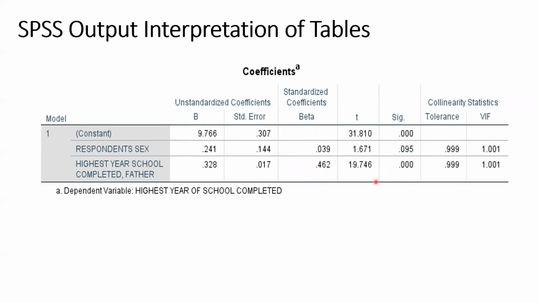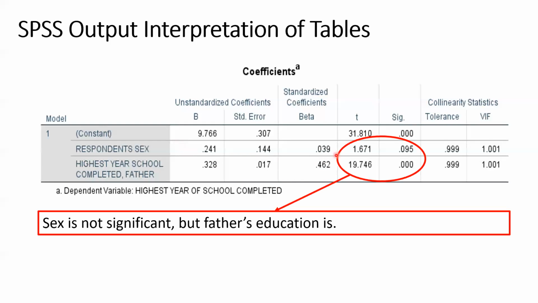But we also get that sense here. Sex is not significant, but father's education is. This is 0.09, and we want it to be less than 0.05. So sex is not a statistically significant predictor of year of school completed.